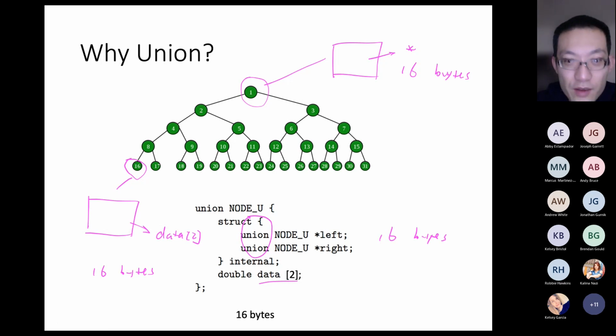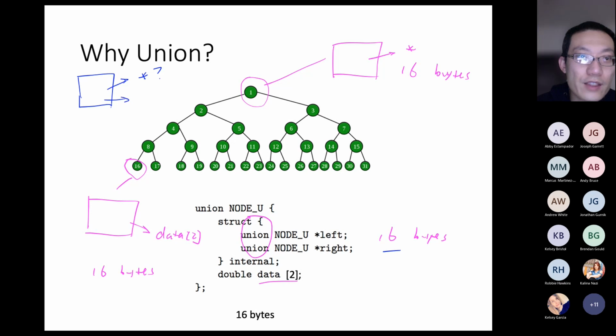In such a way, we can save half of the space. But there's one minor issue. That is when we give you 16 bytes, should I interpret these 16 bytes to be a pointer, or should I interpret this space to be data?